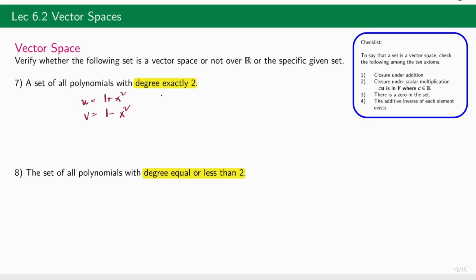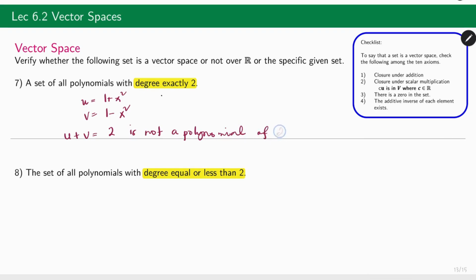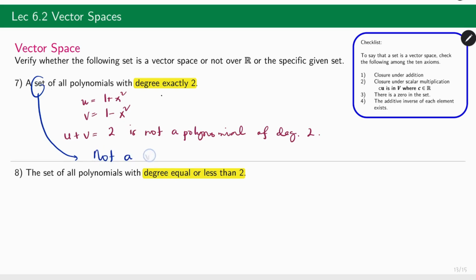If we add them, U plus V, this will result to 2, because x squared plus negative x squared is 0. So, 2 is not a polynomial of degree 2. So, this one is not a vector space.